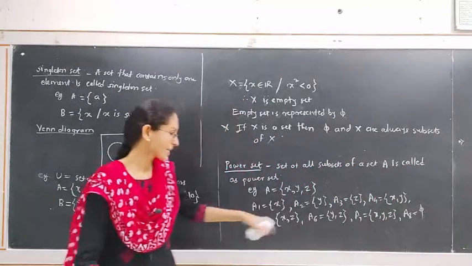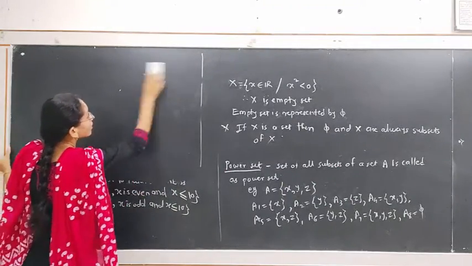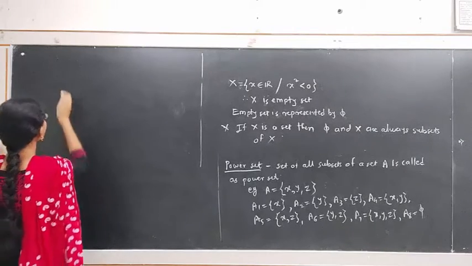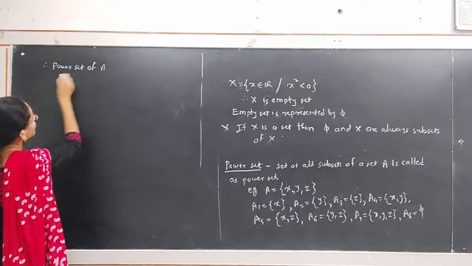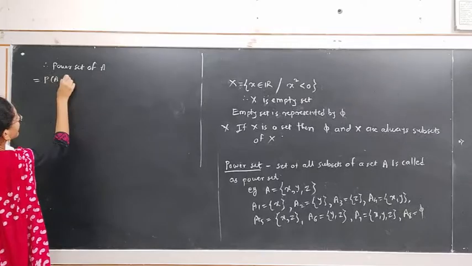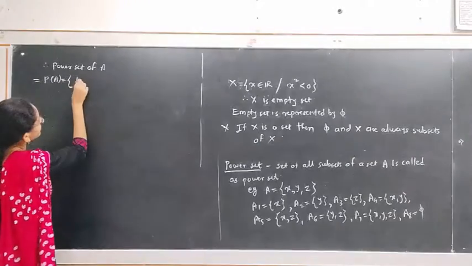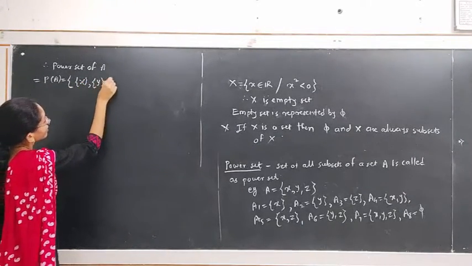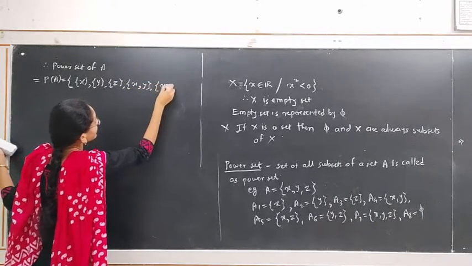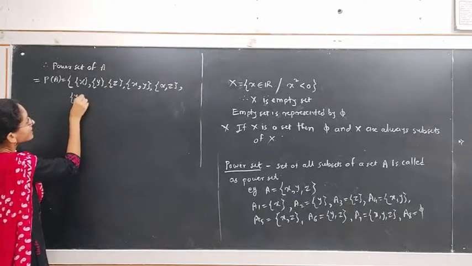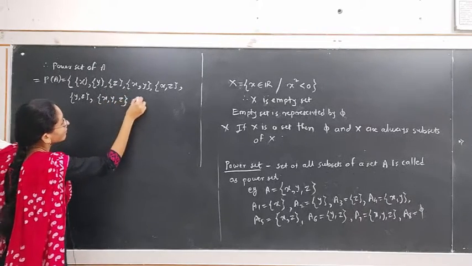Hence, the power set of this set A, whose notation is P of A, is equal to the set of all subsets of A, that are the singleton sets X, Y, Z, XY, XZ, YZ, XYZ and phi.